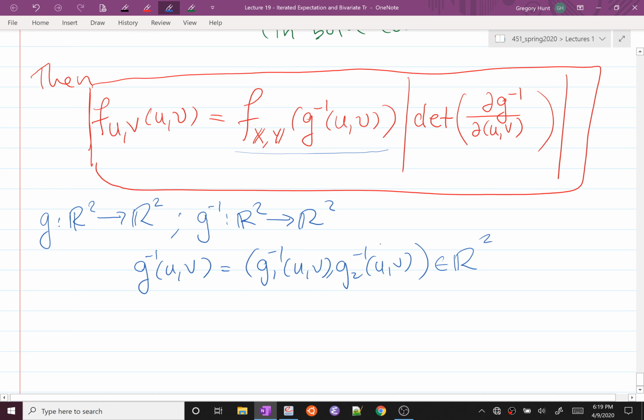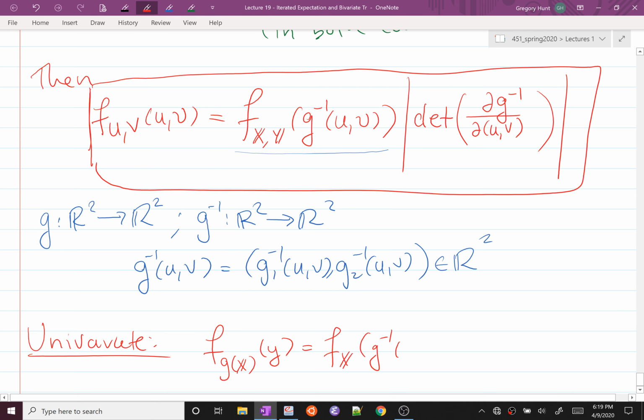Now, this should look somewhat familiar because in our univariate case, we said that f of g of x, at some value little y, was: I take f_x, I plug in g inverse of y. Well, that looks familiar.